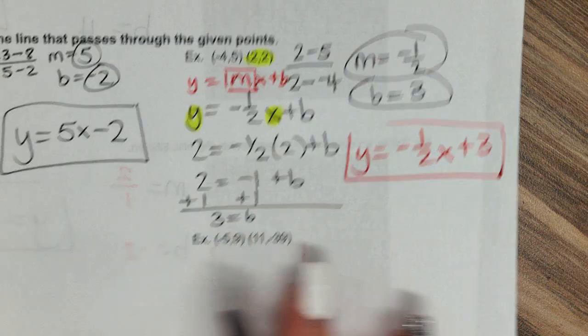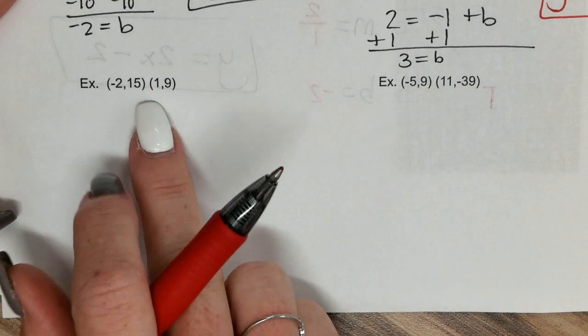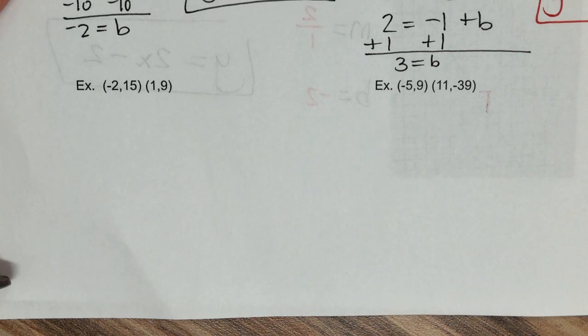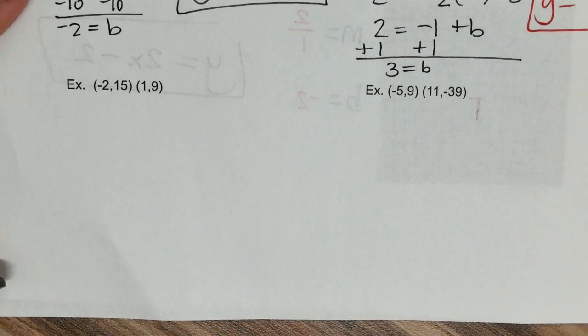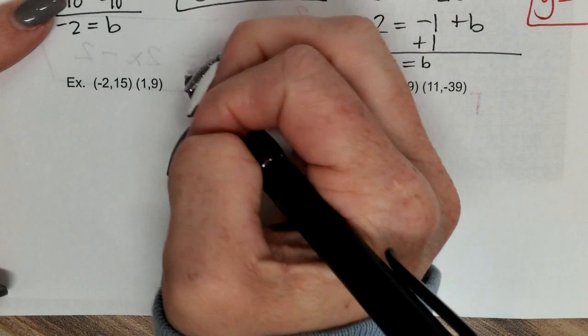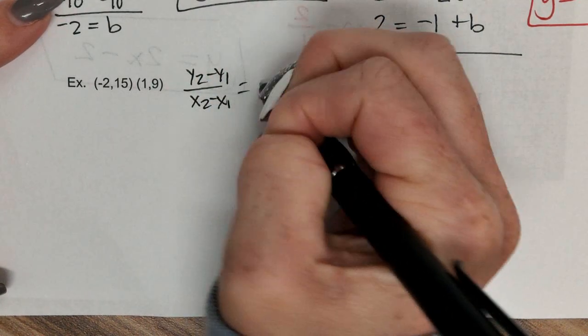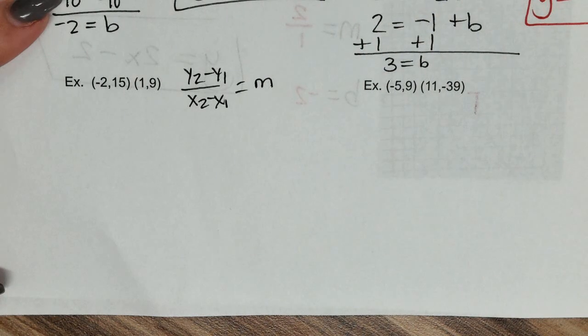Okay? All right, let's do this one together. What am I going to solve for first? The m. So Jason, I'm solving for the m by doing, if you want to write it down, y2 minus y1 over x2 minus x1, and that's going to give me the m.